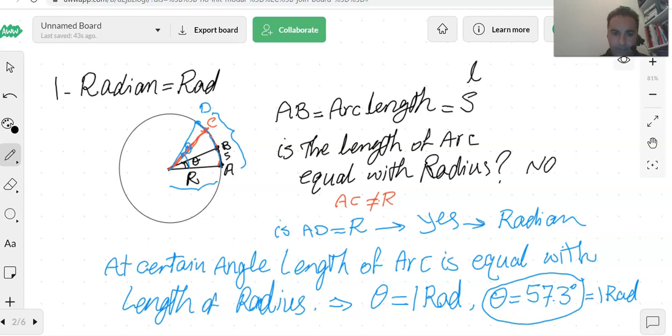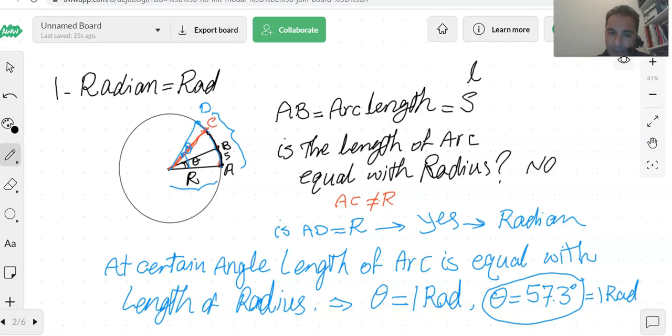So it's not. Let's go a little higher: go from point B to C, from A to C. Now ask this question: is the length of the radius equal to the length of AC? No, not yet. This is 25 millimeters and this is 20 millimeters.